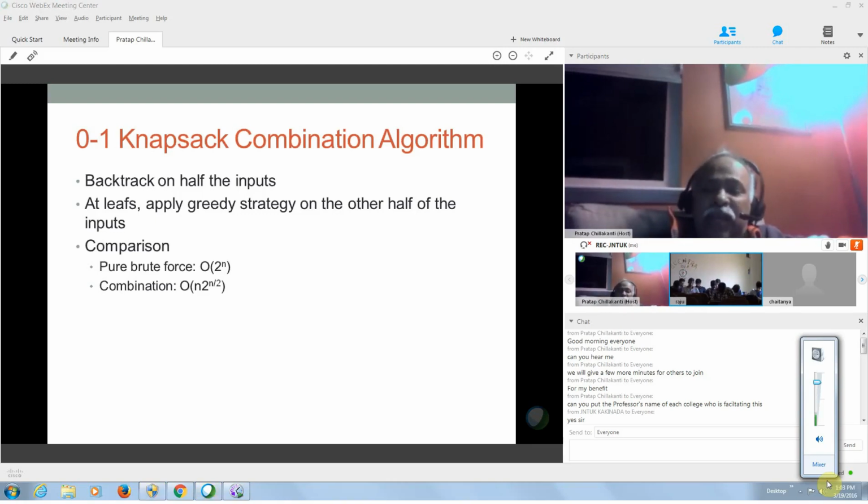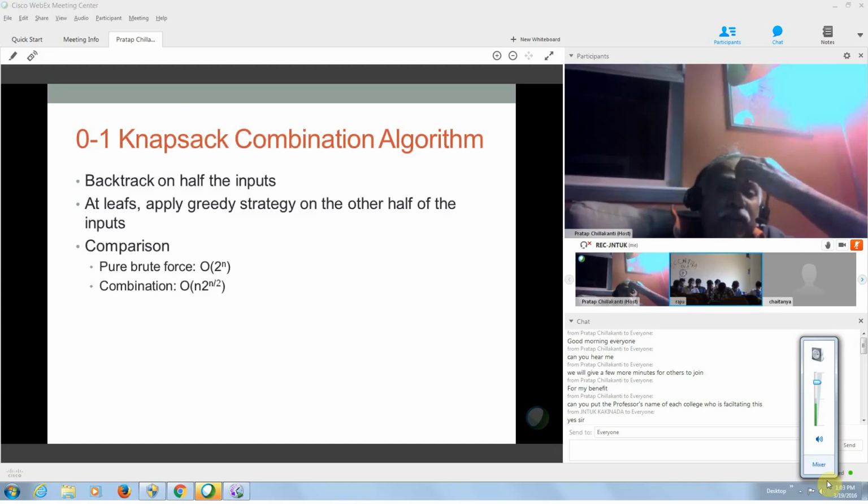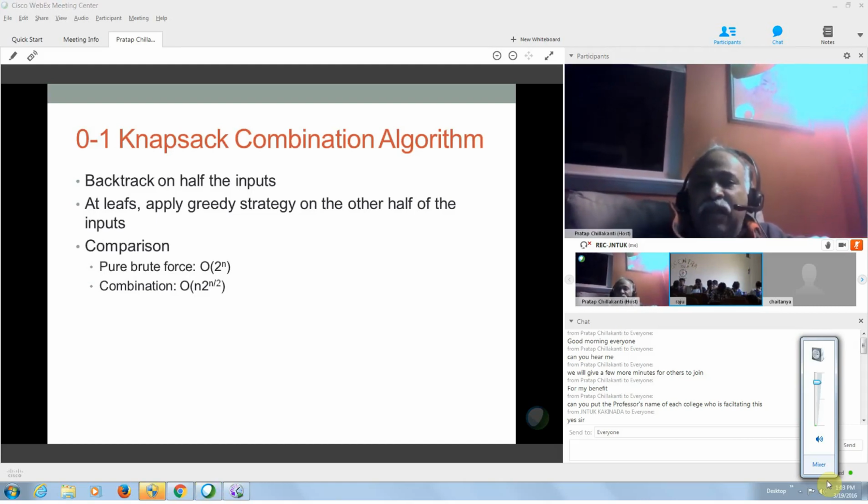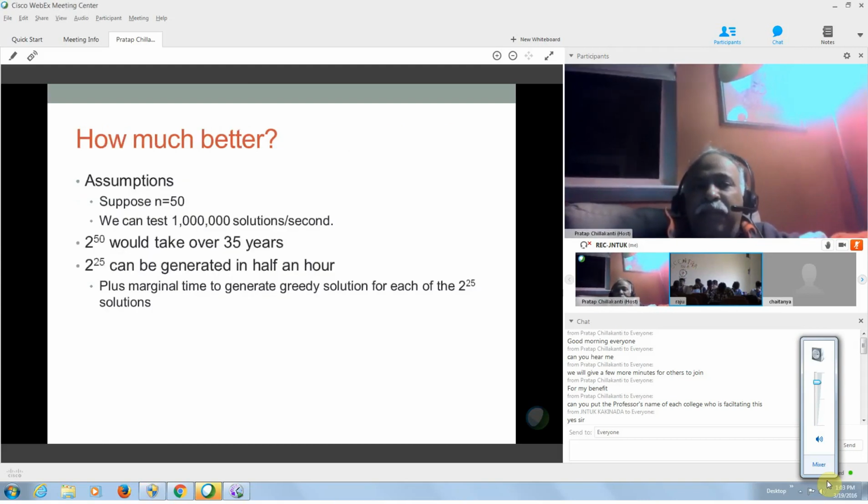Whereas if you do the knapsack problem using the dynamic programming approach, what did we say we will get? The dynamic programming approach gives you a better solution than using this approach of branch and bound and backtracking. Okay, and you can see the values do add up, right?